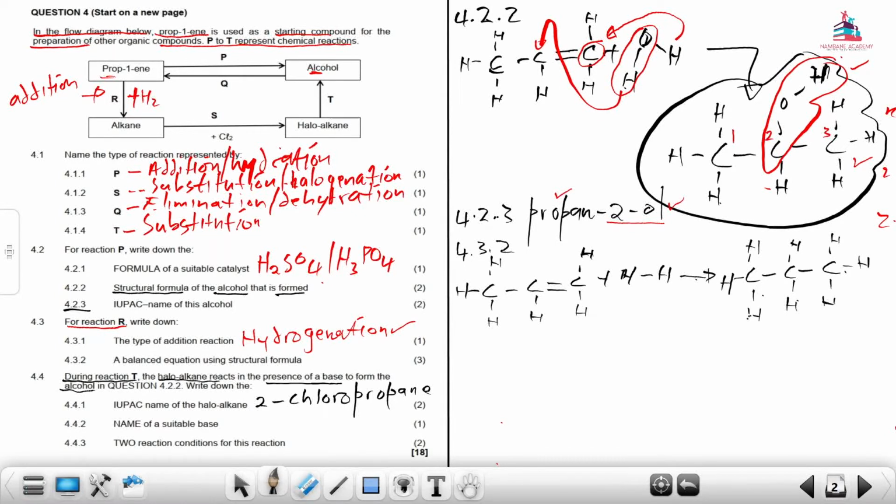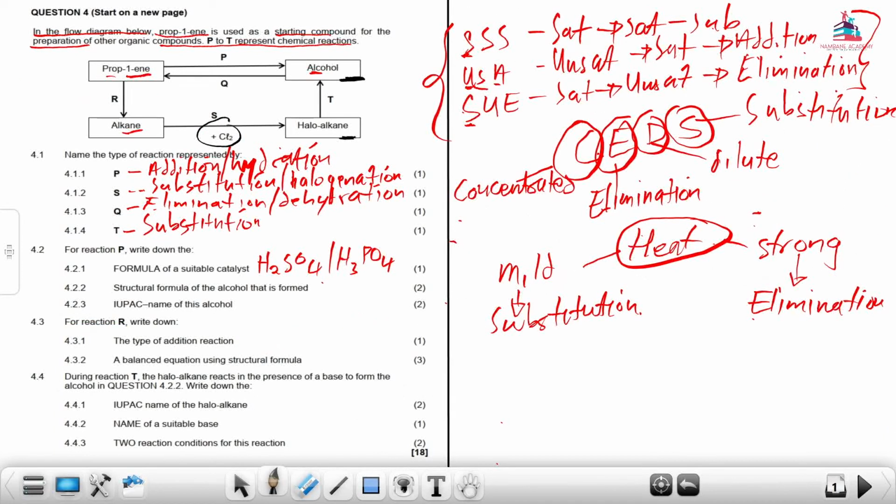But now we had to look first at what is our major product of the alcohol, such that now this reaction can be a substitution of haloalkane to give us an alcohol in the presence of a base. So that allows us to fully understand why we needed now to go back and check which reaction is occurring.